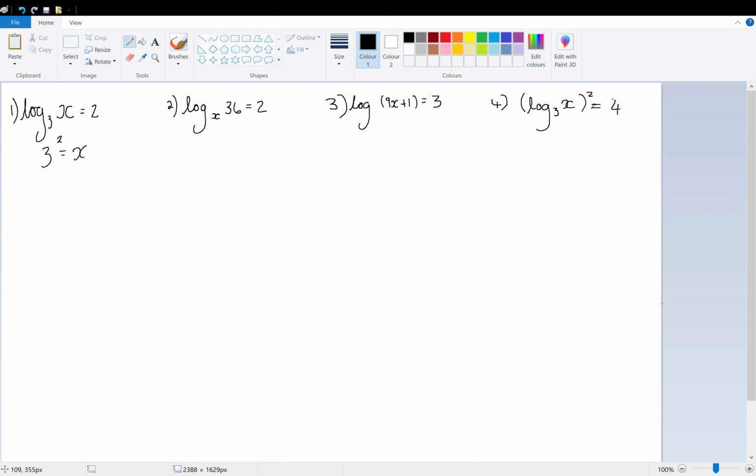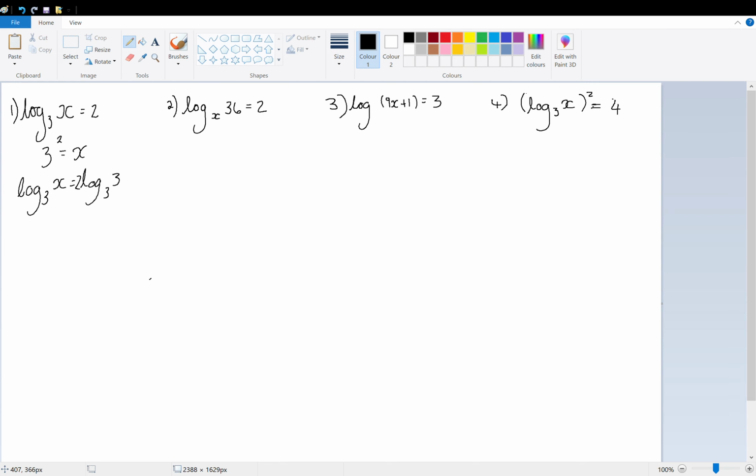Now, in this case, I don't have a log with my 2, so I'm going to give it its own log. So I've got log base 3 of x equals log, and now you have to have the same base as on the left-hand side. In order to make 2 just being multiplied technically with 1, I have to have my base number and my number the same.